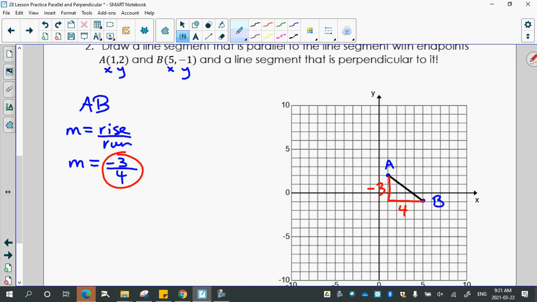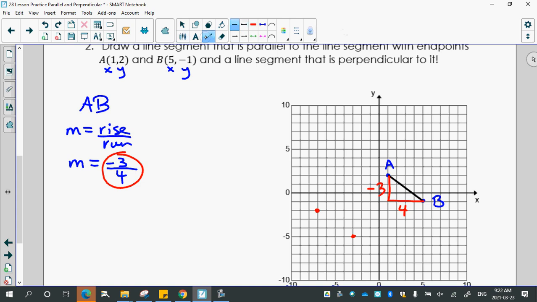I'm going to use the same slope. So I can pick a corner and start anywhere. I can start right here, as long as I go down 3 and right 4 to put my next point. Anywhere you start, as long as you go down 3 and right 4, you're going to have a line segment that's parallel. Does everyone see that?